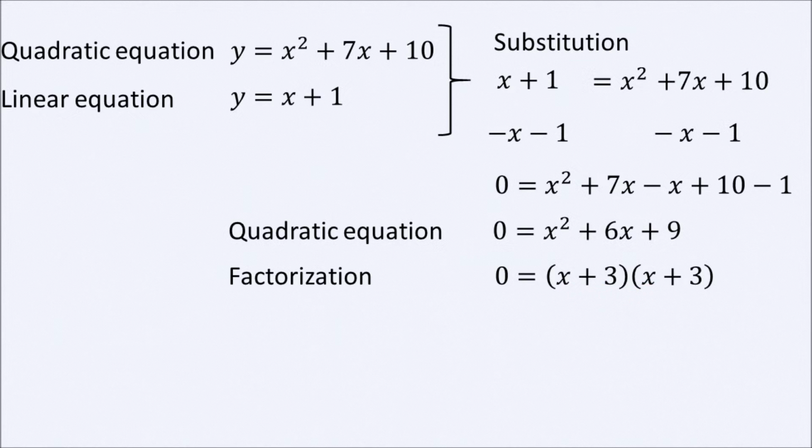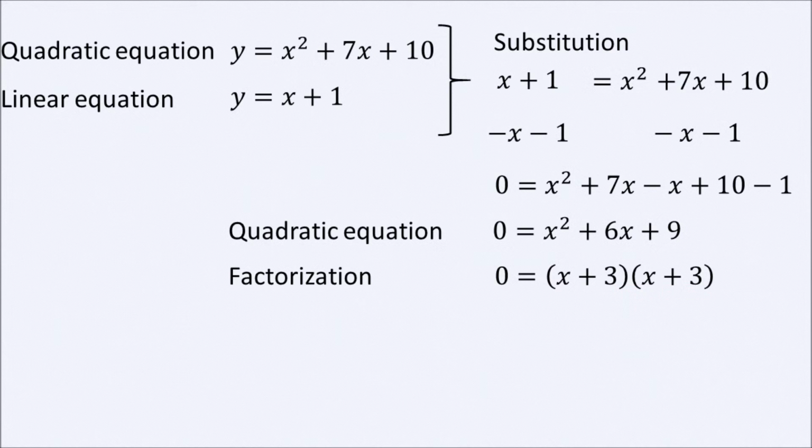However, these two 3's, we get them by asking ourselves what are the two numbers which when added would give 6 and when multiplied by each other would give 9. And hence 3 is the logical answer, and therefore factorizing this expression gives us x plus 3 multiplied by x plus 3.